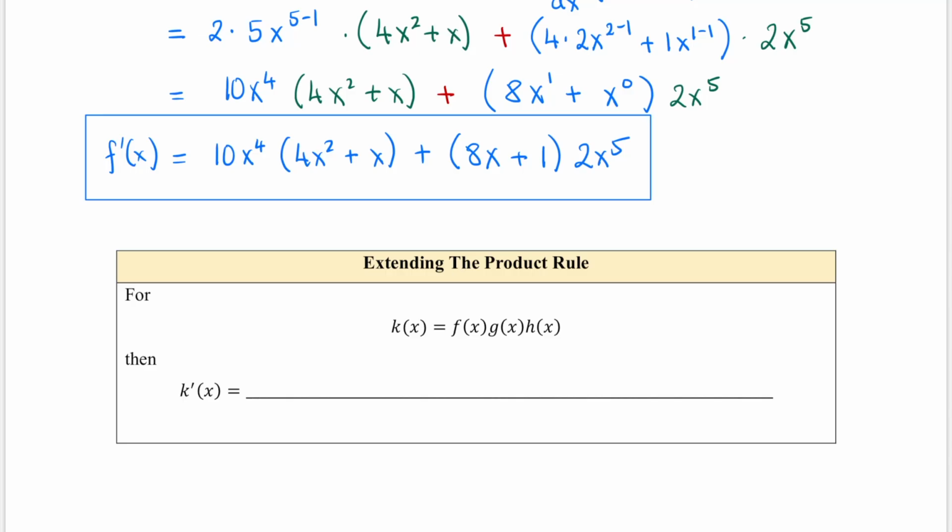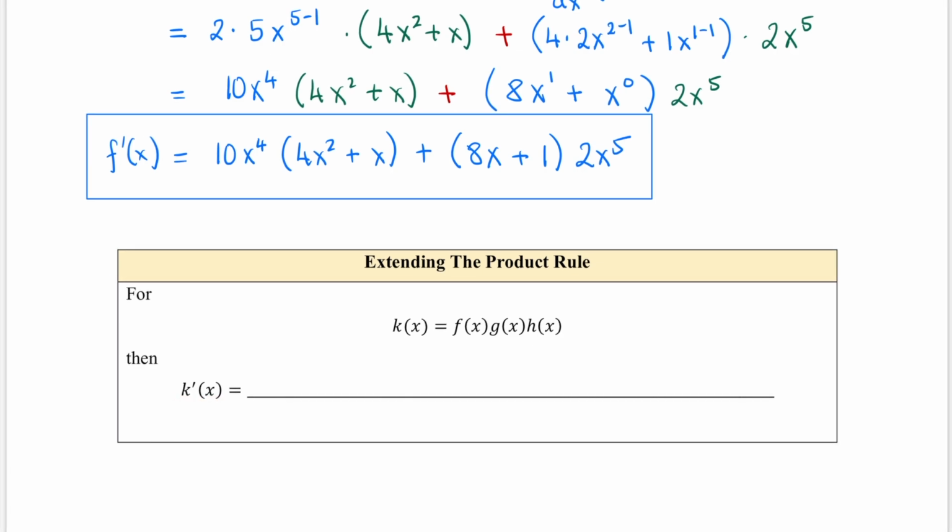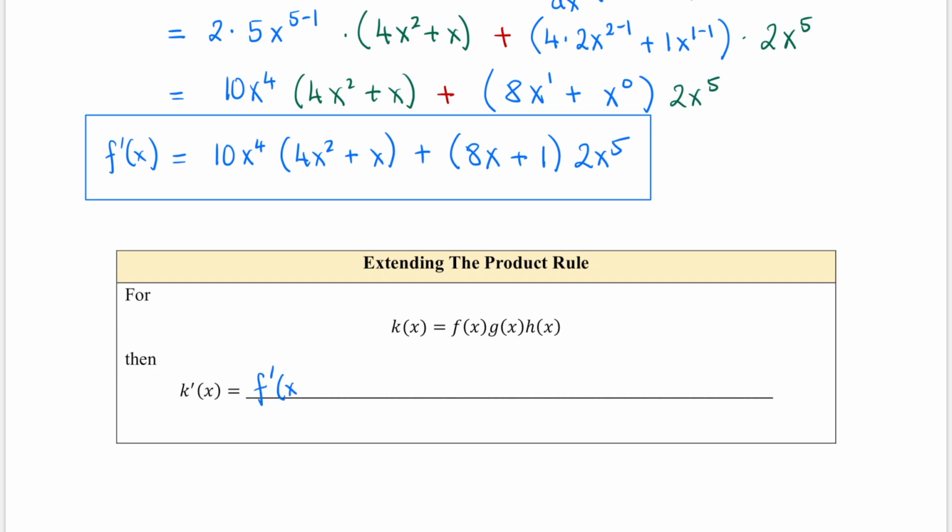So the derivative becomes k prime of x equals f prime of x times g of x times h of x, plus f of x times g prime of x times h of x, plus f of x times g of x times h prime of x.